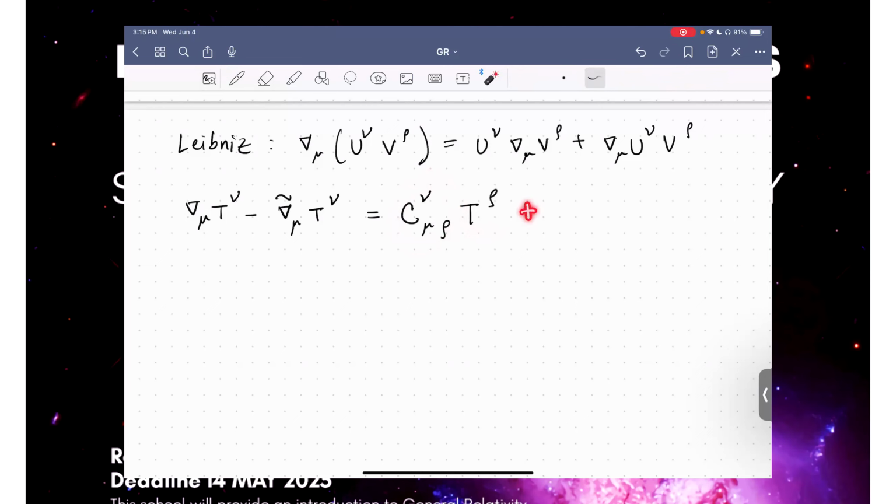And the point here is that you do not have any derivatives of t of any order. So it's just t and something that's independent of t. And if both of these derivatives are covariant, then this is going to be a tensor. If one of them is not covariant, then you still have this formula, but it will not be a tensor.